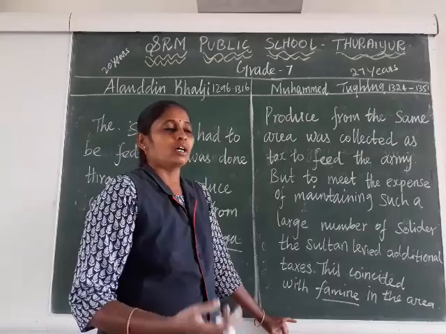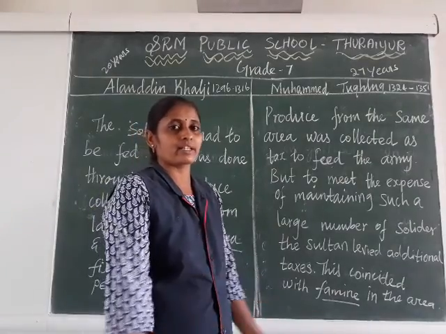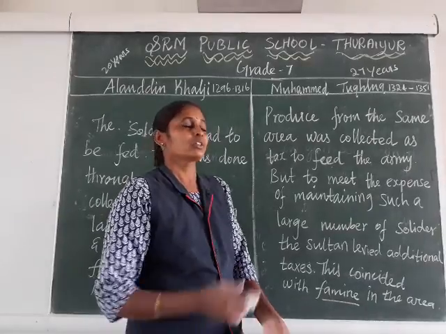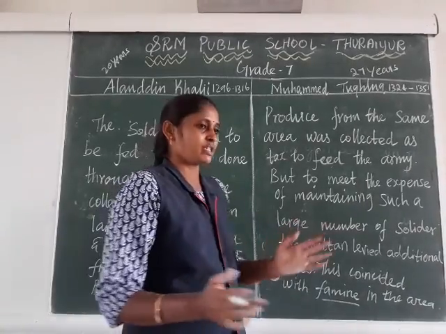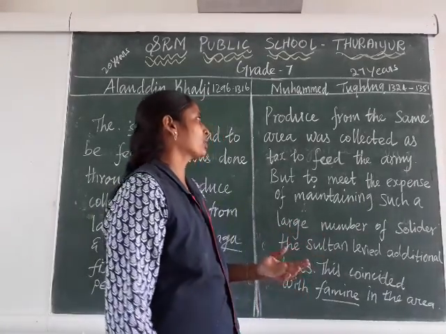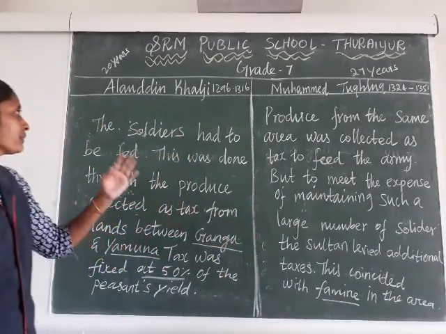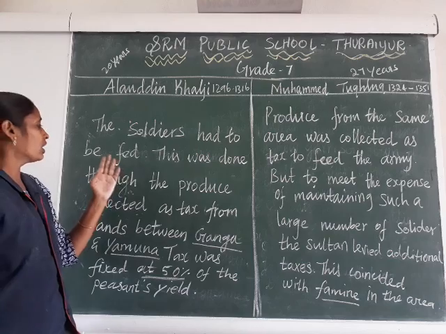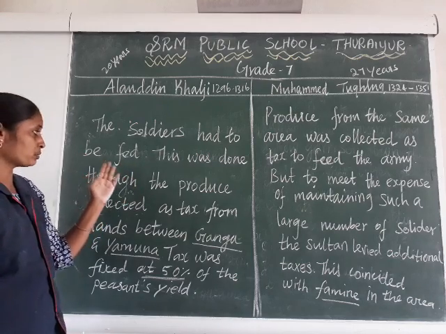Okay, so suppose there is no rain, means they face drought. So these came at the same time and the people faced a lot of problems. Okay, so just listen. In Alauddin Khilji's period, the soldiers had to be paid and fed.